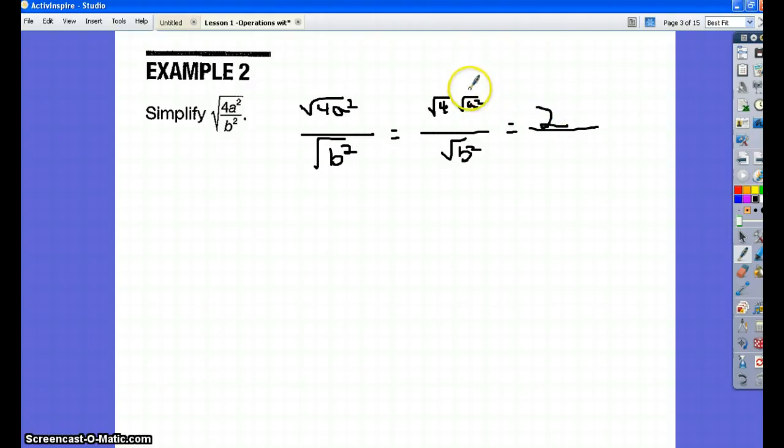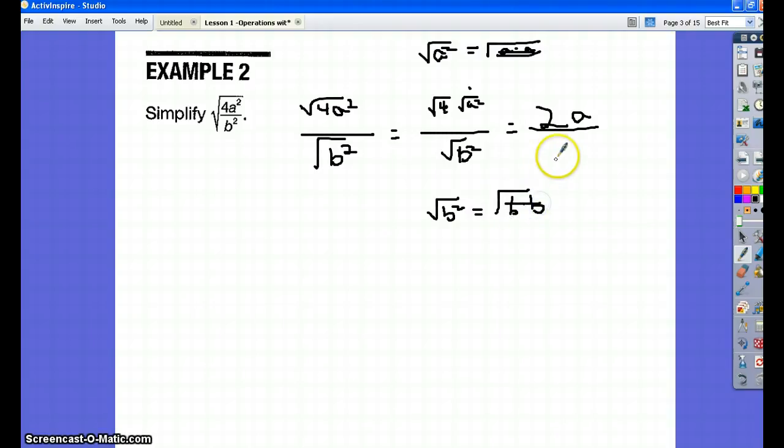A squared, let's do a little quick note on a squared. That's the same thing as a times a. And remember, when there's a pair of anything, we can just bring one of them outside. So that's just going to be 2a. So b squared, that's the same thing as the square root of b times b. That's a pair, so therefore one comes outside. So it's just simply 2a over b is the answer.